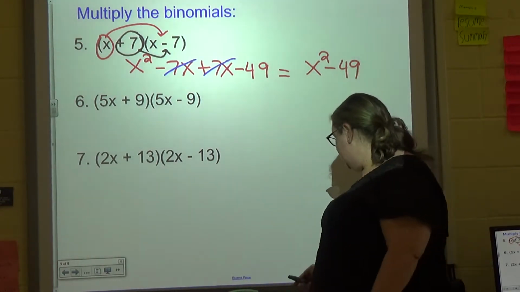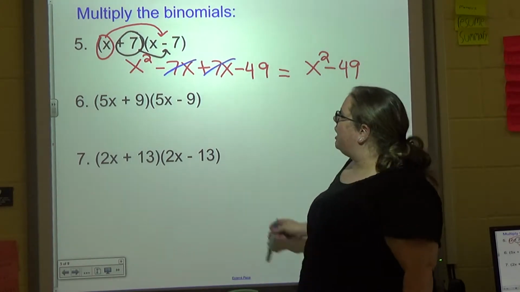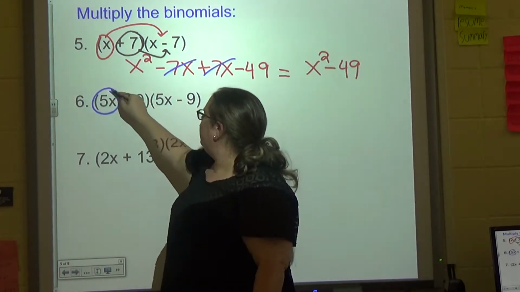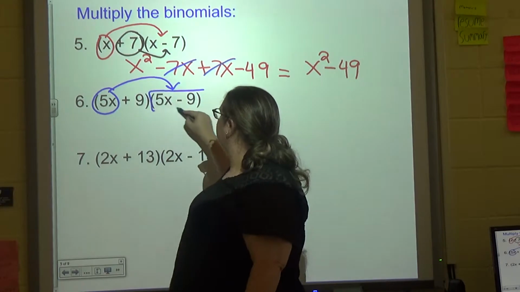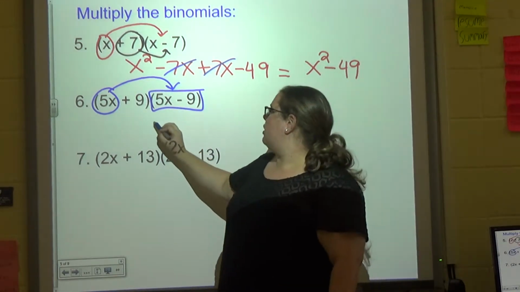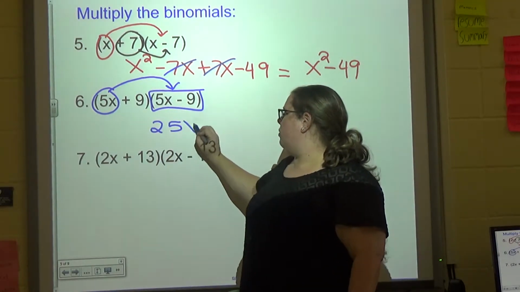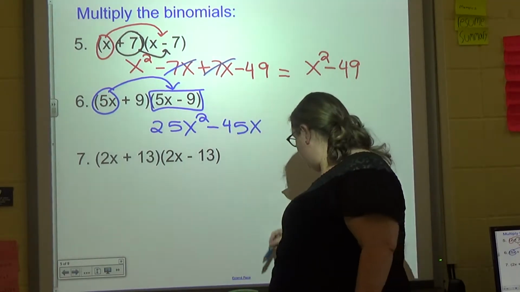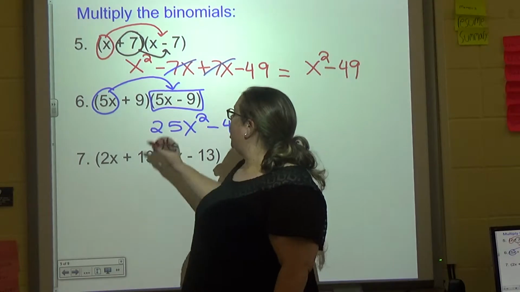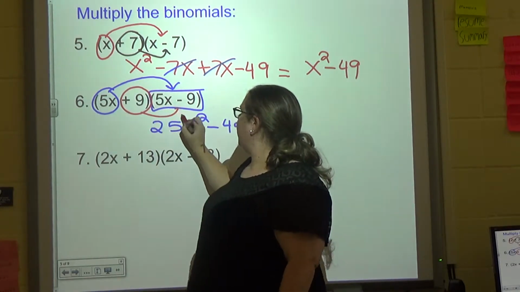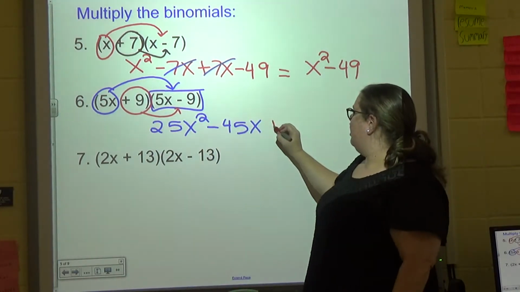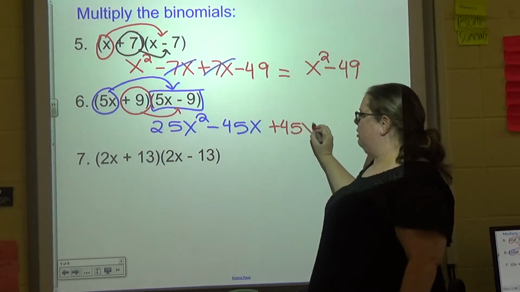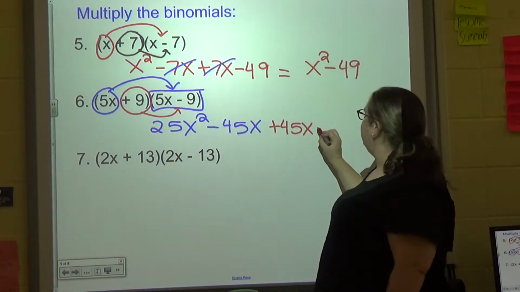Next one, same idea. We're going to multiply that 5x times everything in the parentheses. Right? 5x by everything. So that's 5 times 5 is 25x squared minus 45x. Then the same thing with our 9. Positive 9 times 5x is positive 45x. 9 times negative 9 is negative 81.